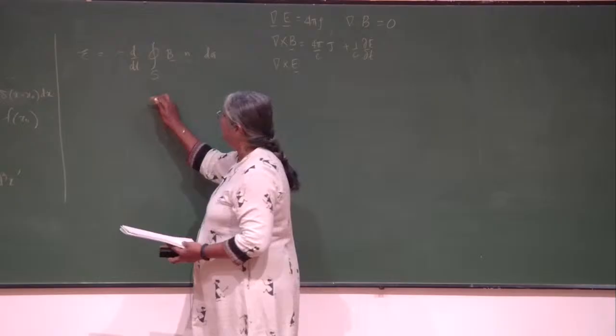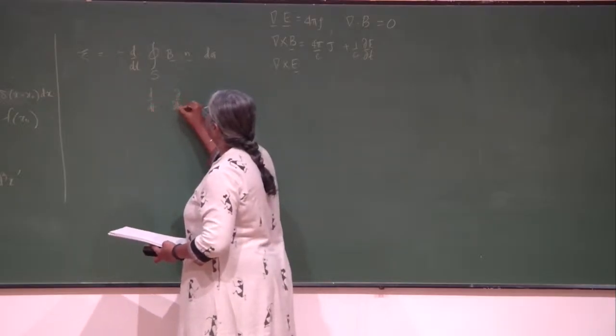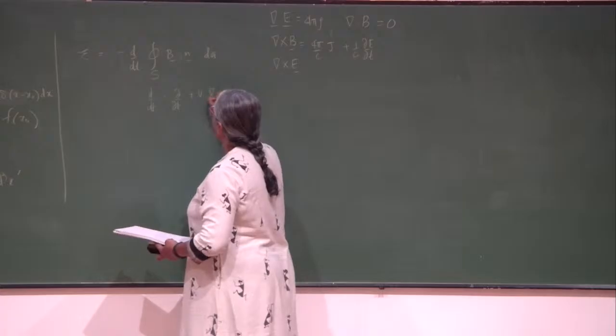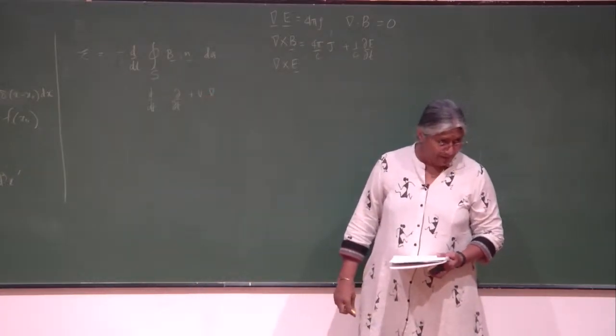You have to write d by dt as partial d by dt plus v dot del. Has everybody seen this? If the motion is with a velocity v, why?